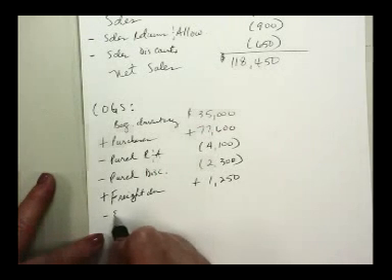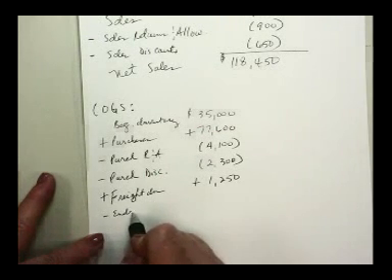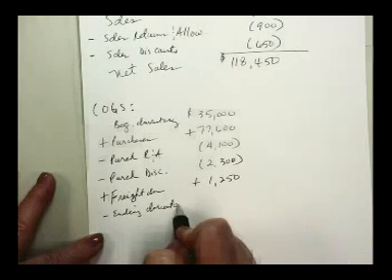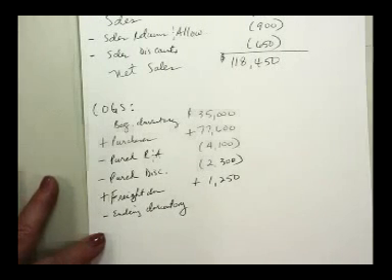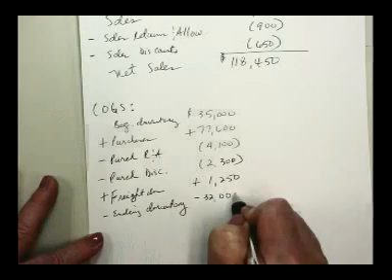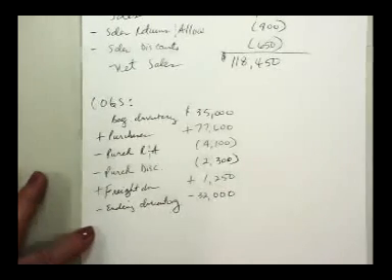And we'll subtract out ending inventory. If it's there at the end of the year, then obviously we didn't sell it. And that was $32,000. Okay?